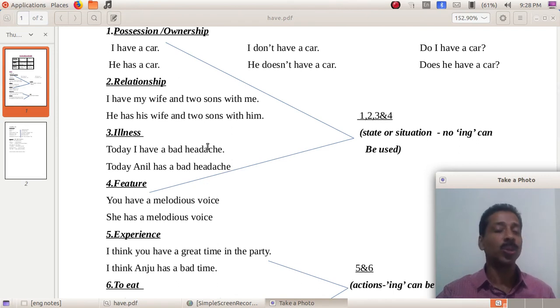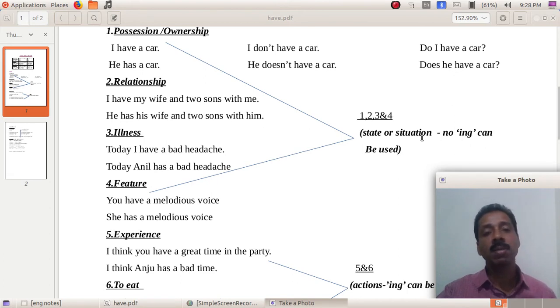It is wrong usage. Got it? We cannot use having there.